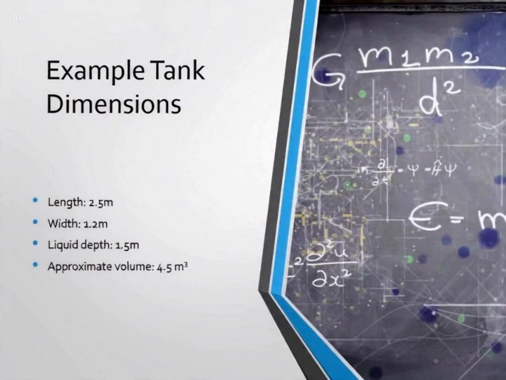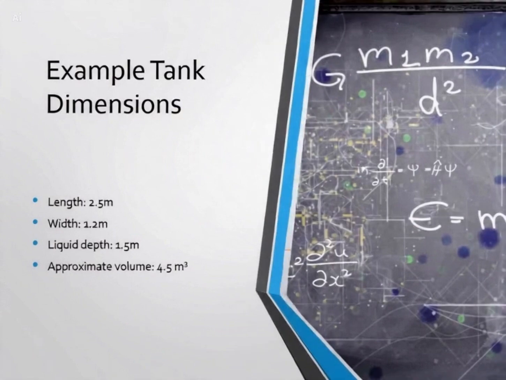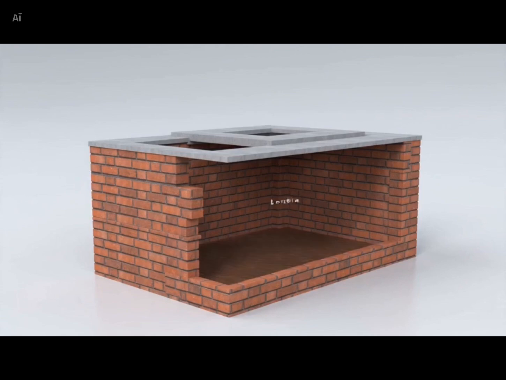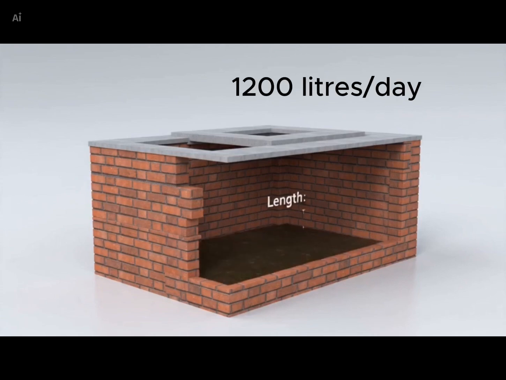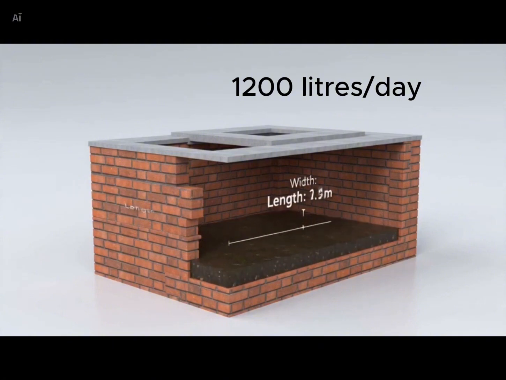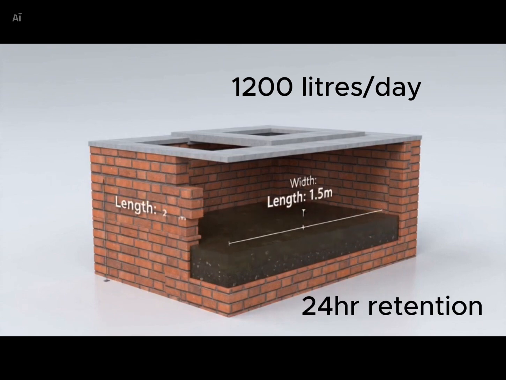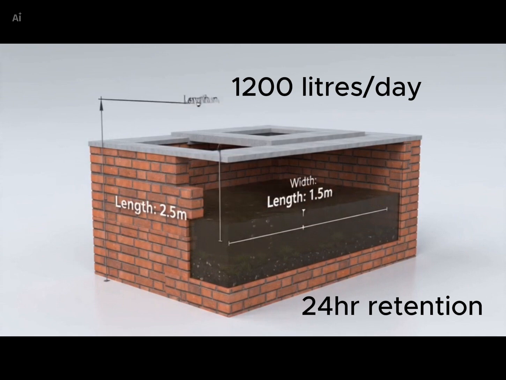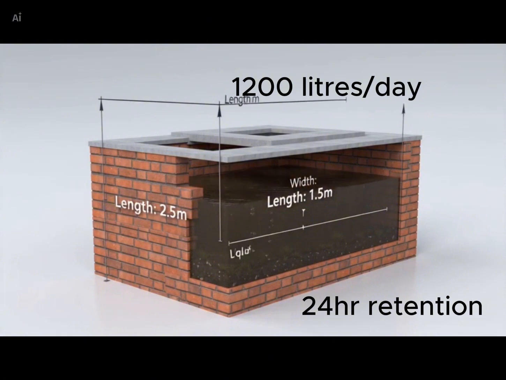Therefore, 8 times 150 is 1,200 liters of water to be designed for per day. A septic tank will therefore require 24 to 48 hours retention time. In this example, we will use 24 hours. The required volume of the septic tank will therefore be 1,200 liters, also converted to 1.2 cubic meters minimum.